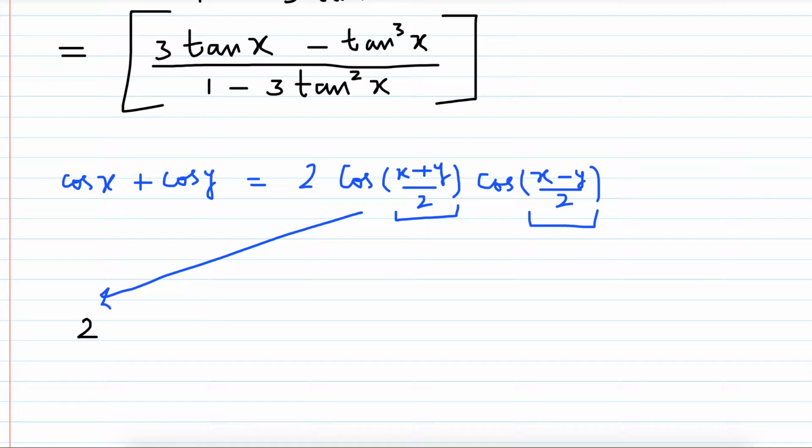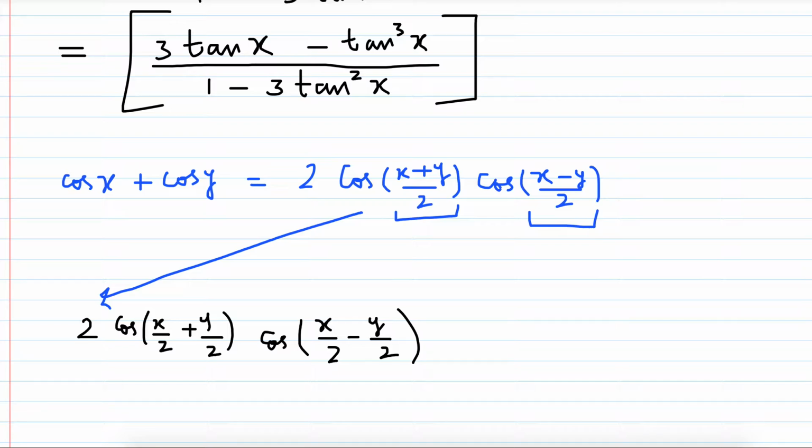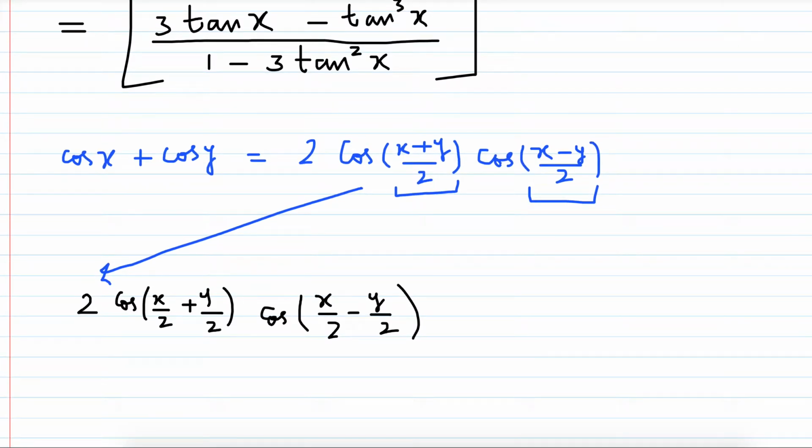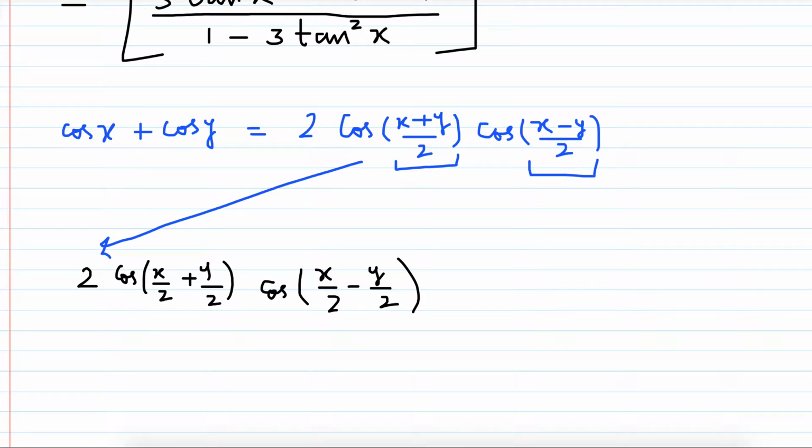So we have another shortcut here. If we add these angles, this is A and this is B. So if we add A plus B, we will get 2x and y will cancel out, 2x by 2, which will be x.